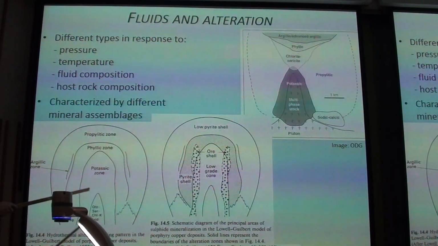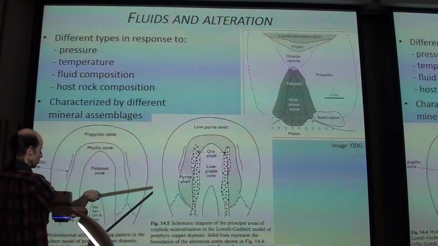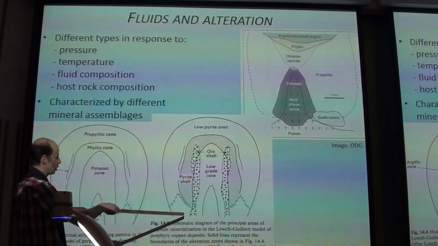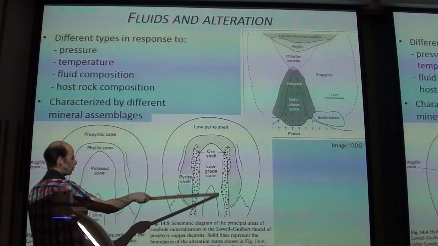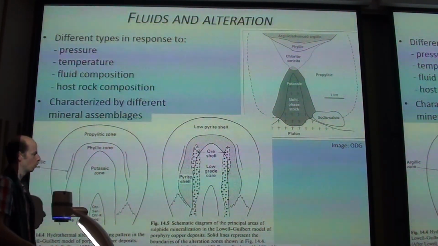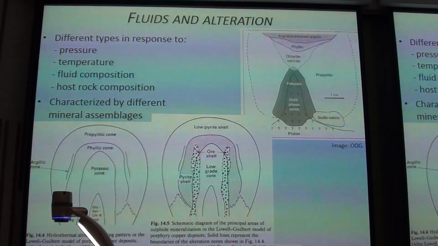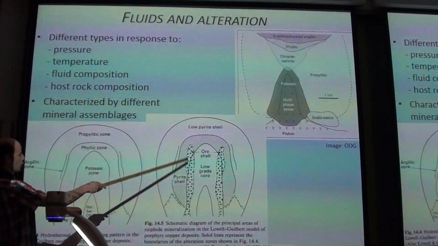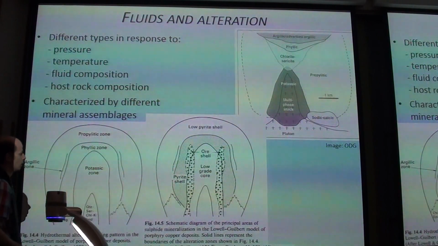And as you can see, the boundaries between the different alteration zones also coincide with different ore shells, with a high-grade shell here, and a pyrite shell in the phyllic zone.